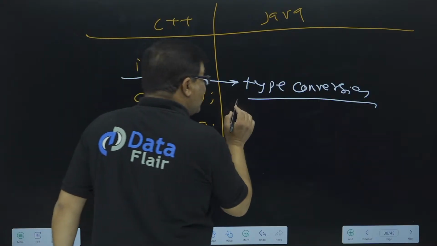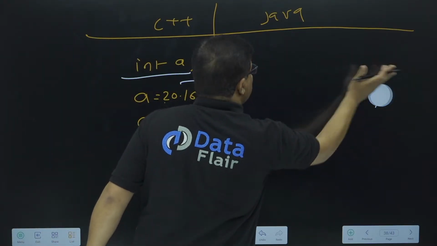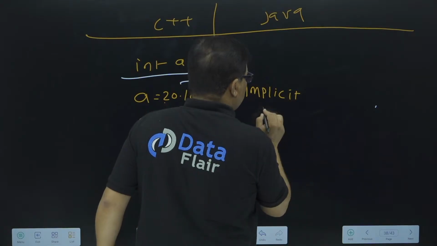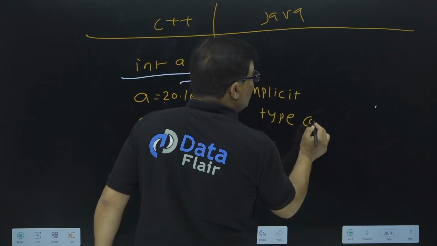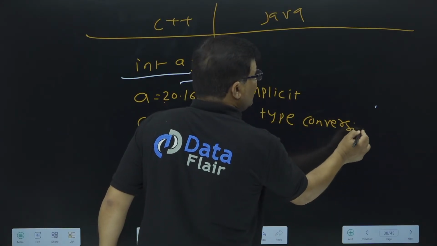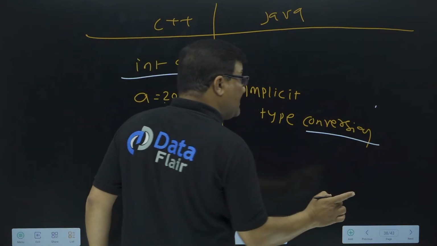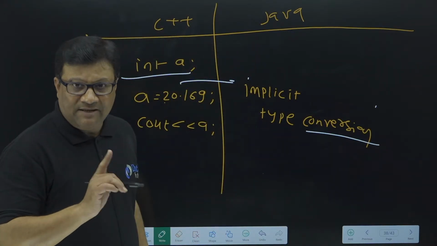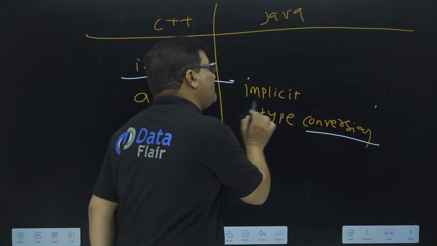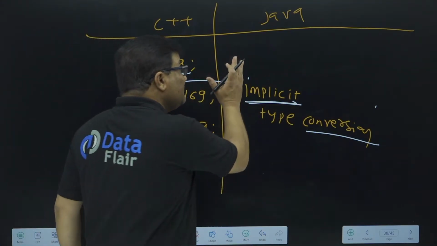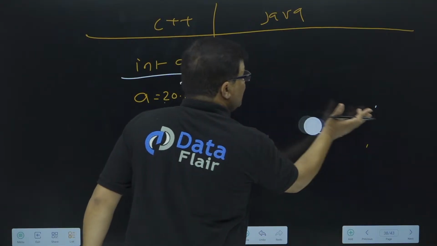So this statement is called implicit type conversion. Always remember, conversion means automatic, so we always use the word conversion with implicit. Implicit means automatically. But see, if we have the same scenario in Java.